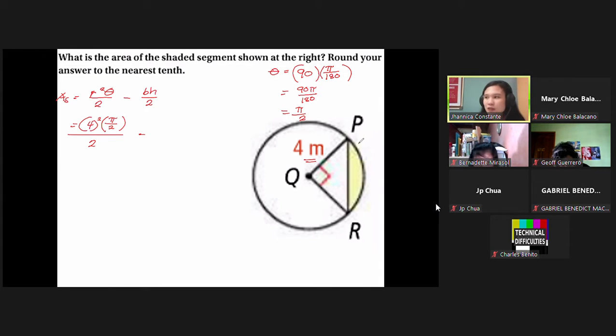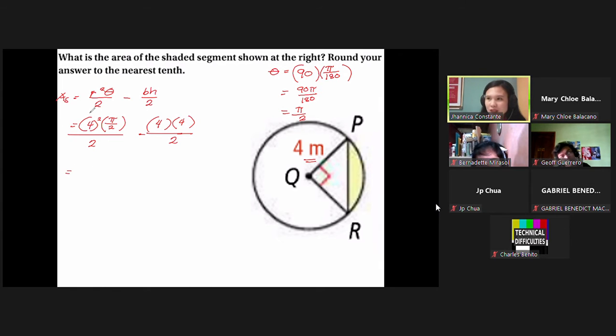The base and the height of the triangle is just your radius. And we know that the radius is equal, since it's equidistant from our center to any point on the circle. So the value for the base is the radius that we have, which is 4. And the value for the height is also the radius, which is 4, divided by 2.